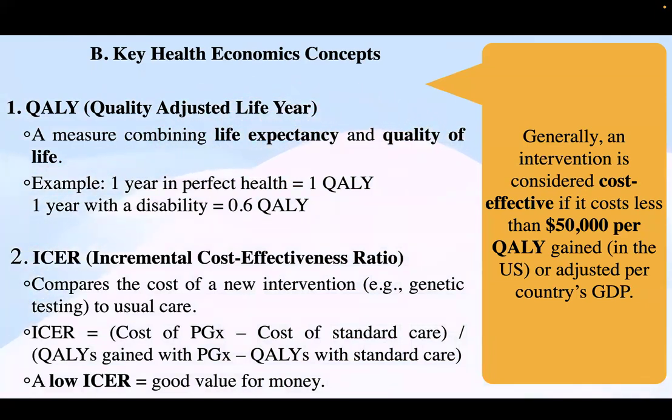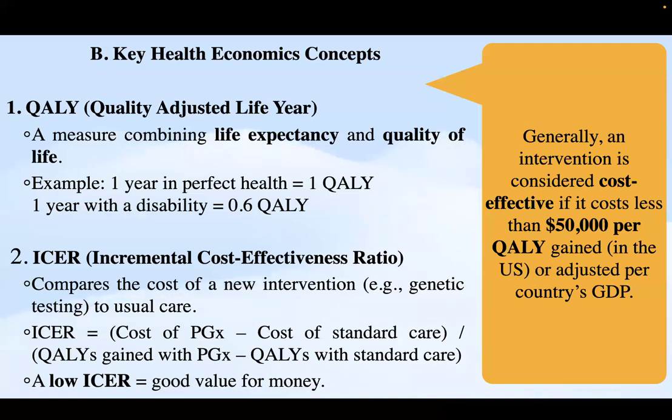So ICER is equal to cost of PGx minus cost of standard care, divided by QALYs gained with PGx minus QALYs with the standard care. Here PGx means pharmacogenomics is involved. If you integrate this formula, you will get a particular number, and a low ICER is basically good value for money. If your math is good, you will solve this puzzle, but do not go into that detail.